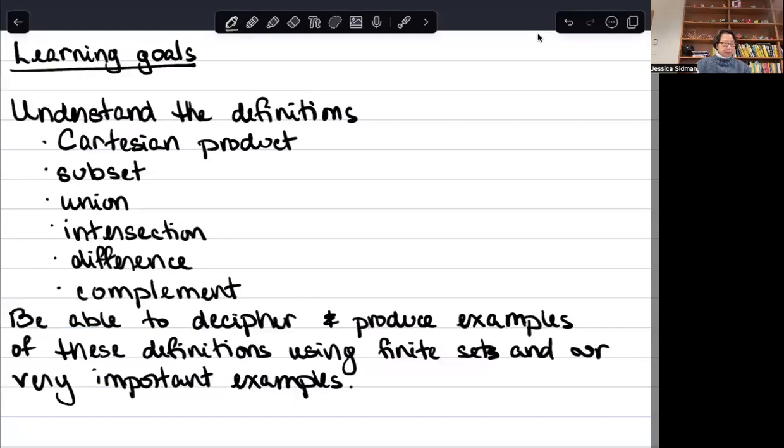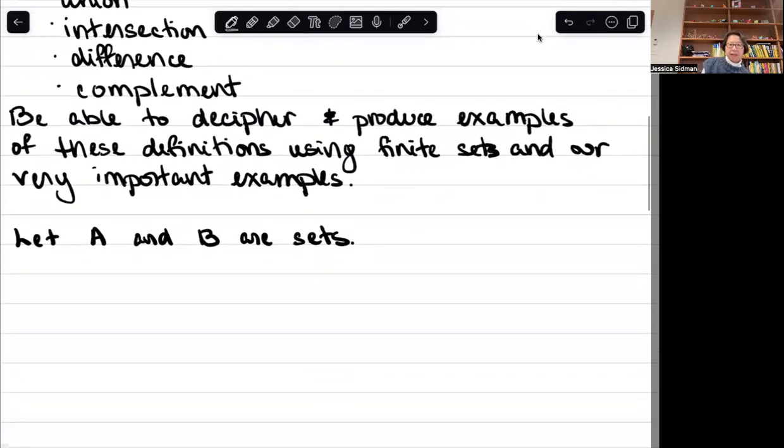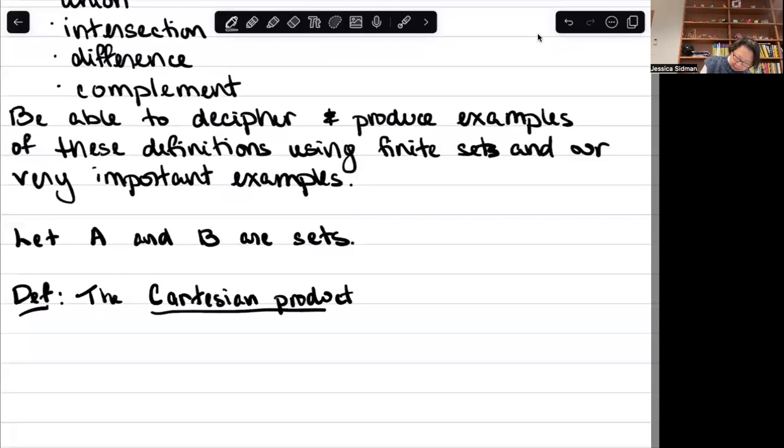Okay, so let's suppose that A and B are two sets. And the first definition that I'm going to give is the definition of the Cartesian product. So we say that the Cartesian product of the sets A and B is, and I'm going to write this in set builder notation.